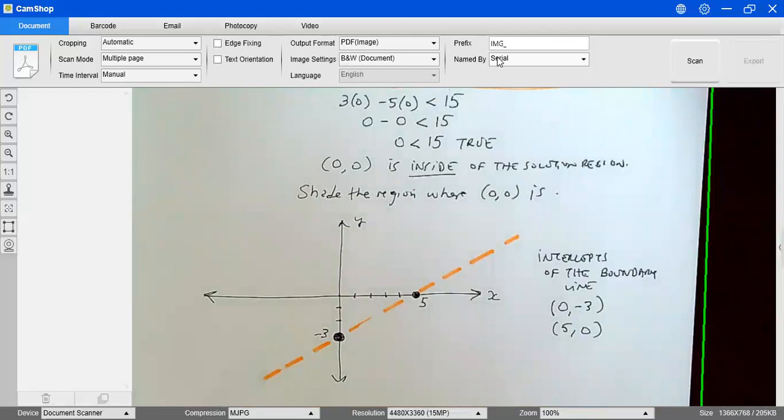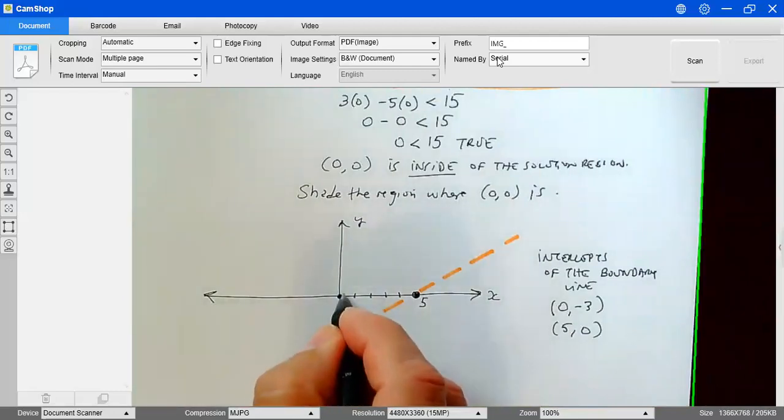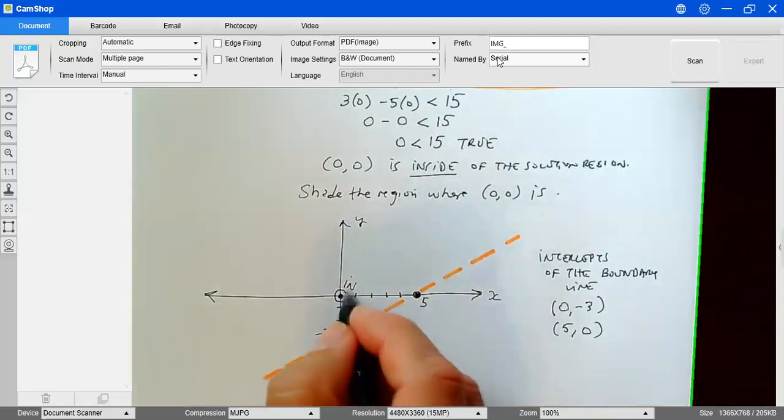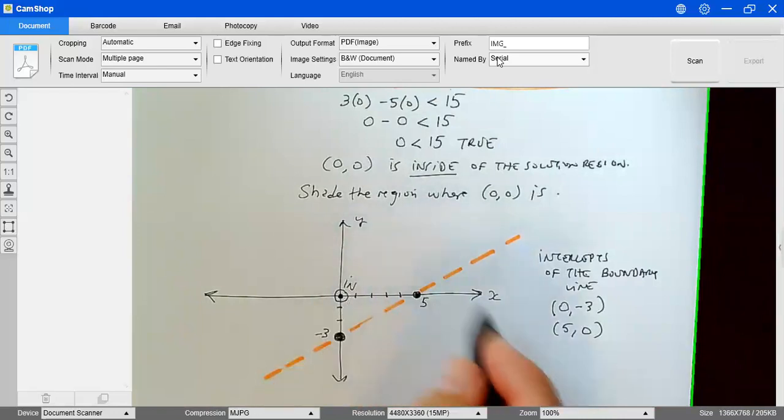And we found that 0, 0 is inside, so 0, 0 is here. So it's in. If it were out, then you would highlight the other region. So that means that we need to shade this region here.